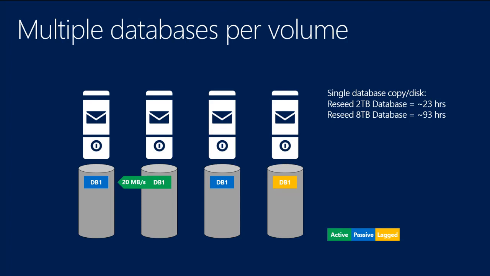When the seeding operation kicks off, it has to be able to successfully seed all 8 terabytes of that data. And if it gets to 7.5 terabytes and there's some network hiccup that interrupts that, it has to start all the way back from the beginning again. So the two major problems are not just the amount of time it takes, but the reality of being able to reliably seed all of that data across the network in one stream at the same time.